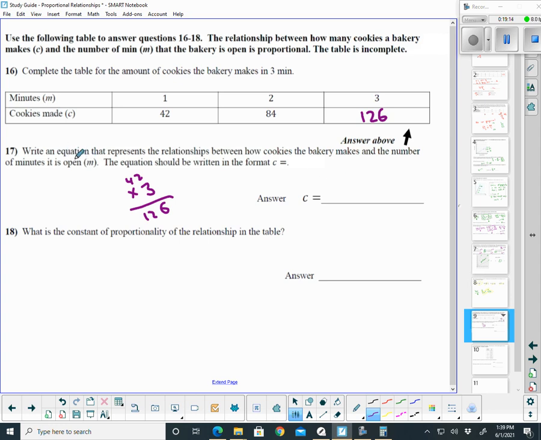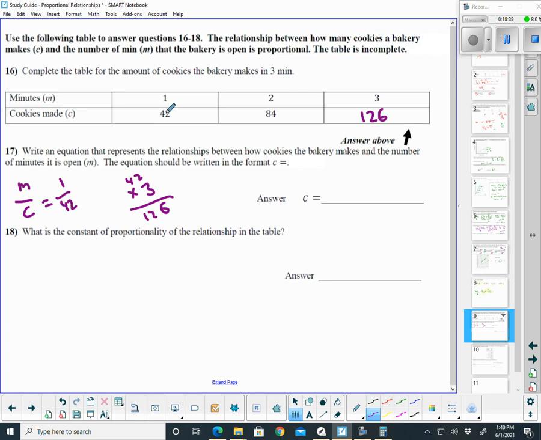Now, write an equation that represents a relationship between how many cookies the bakery makes and the number of minutes open. The equation should be in the format C equals. Well, let's talk about it. I like to just say, well, M is one number while C is another. So when M is equal to 1, C is equal to 42.